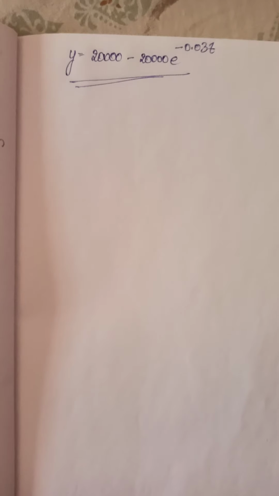So now we get our equation as y equals 20,000 minus 20,000 into e power minus 0.03t. This is the relation which will give us the amount of fresh air present at any time t.